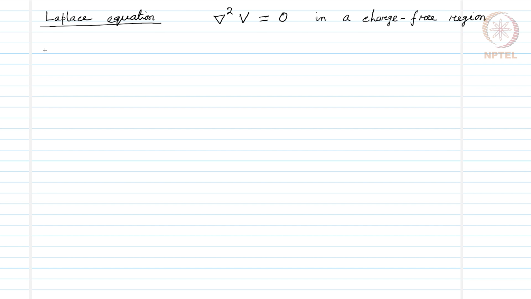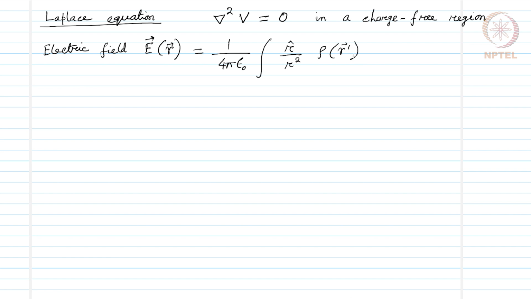If we consider an electric field E as a function of the position vector r, that can be expressed as 1 over 4 pi epsilon naught integration of r cap over r squared rho r prime d tau prime for a volume charge density.